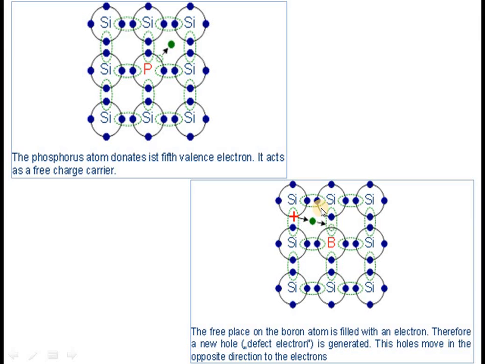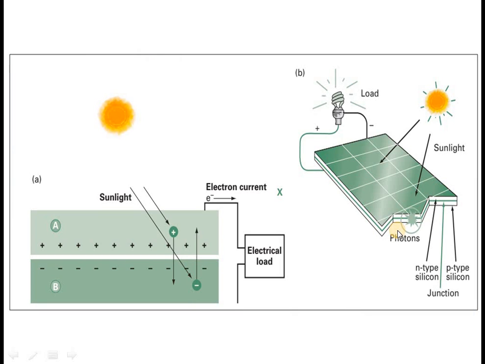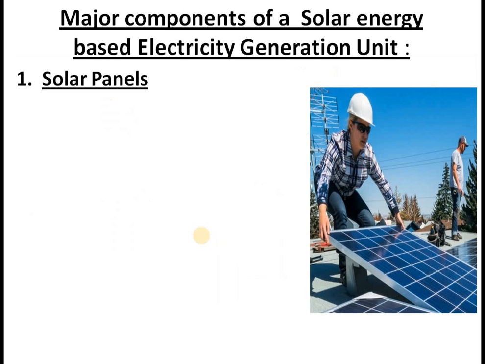That way you can make a P-type crystal, and these two are joined together to get one crystal. This is a finer diagram you can see. This is a cross-sectional view of a solar panel, and if you zoom into a small region of the solar panel, you get this diagram. Just for better understanding, this photograph is given.